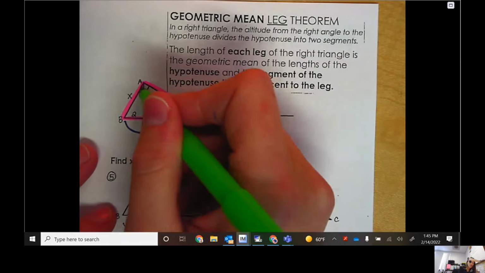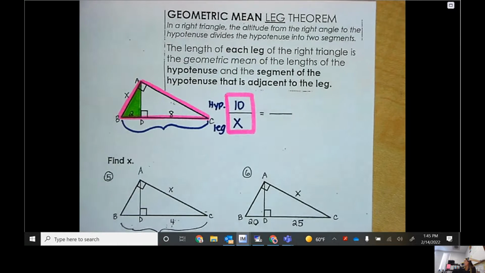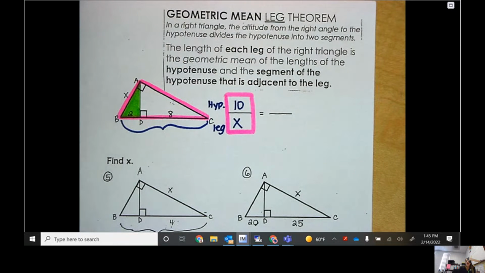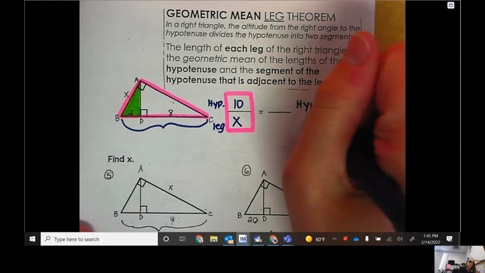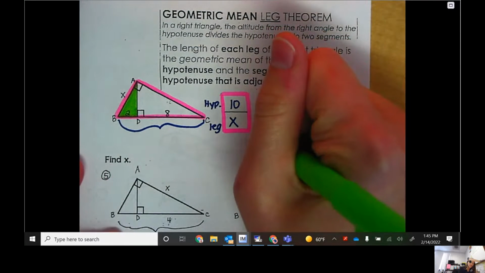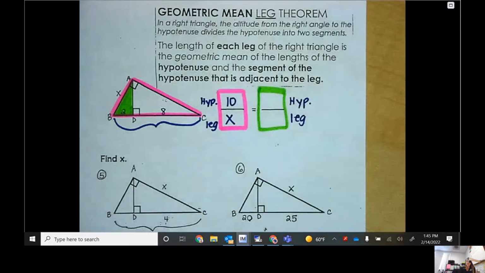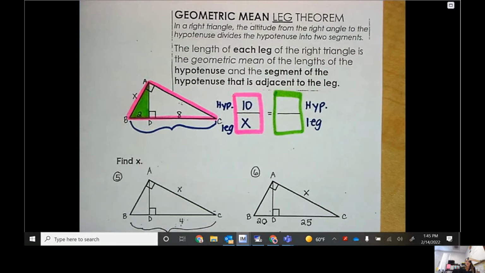ADB, the left triangle, because this one has the X value with it. Now, I need to do the same thing. I need to divide the hypotenuse by the leg of the green triangle. If you're looking at the green triangle, which side is the hypotenuse?